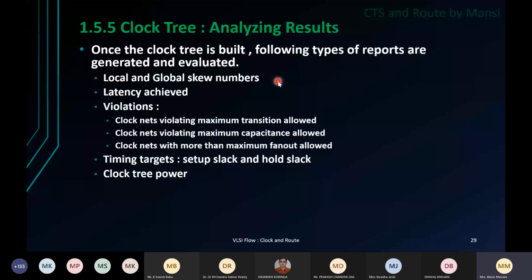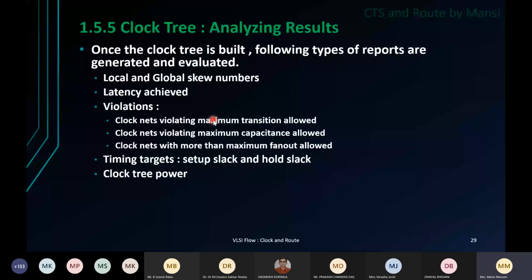Then we'll have to check on violations. The clock nets violating maximum transition, maximum capacitance, maximum fan out: all these clock nets have to be ripped out, or buffered, or split. Something has to be done to make sure that they are not violating. Then the timing targets: setup and hold should be clean.